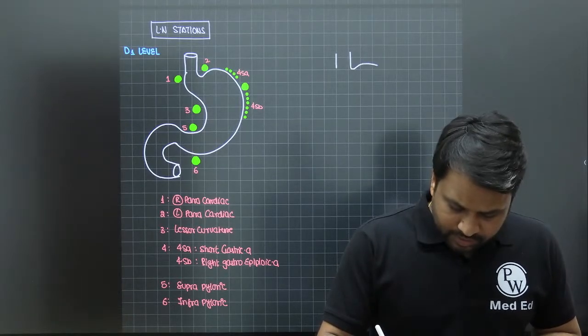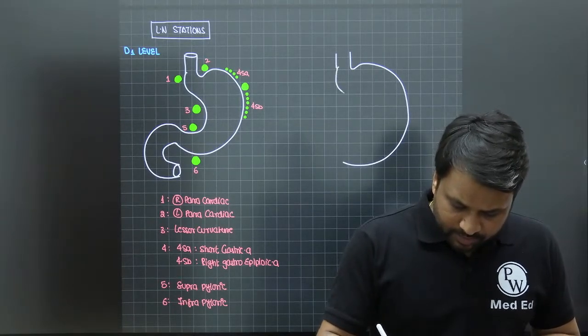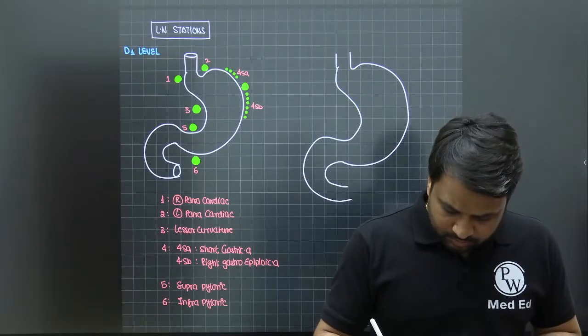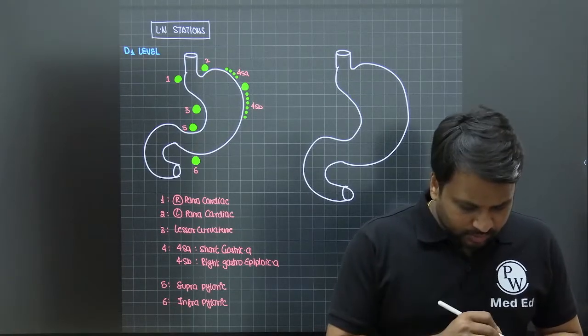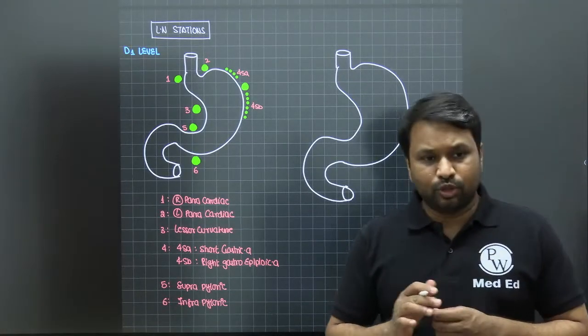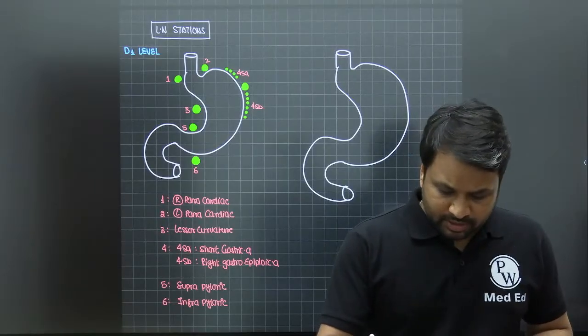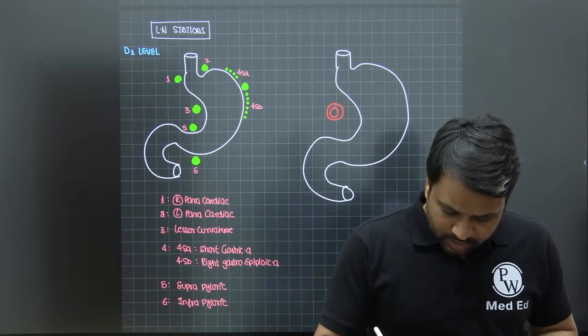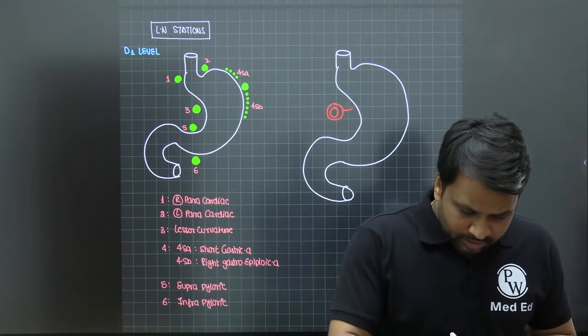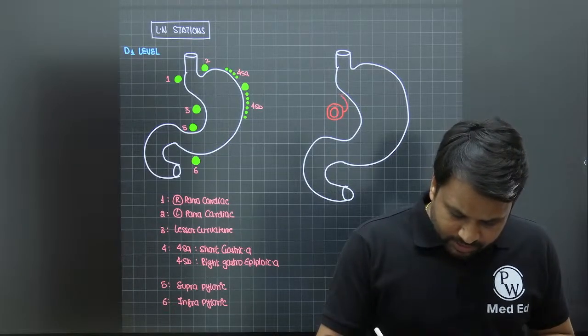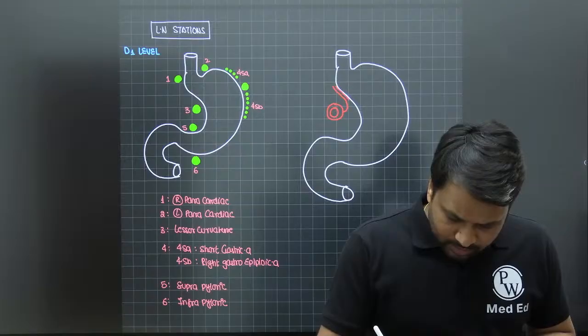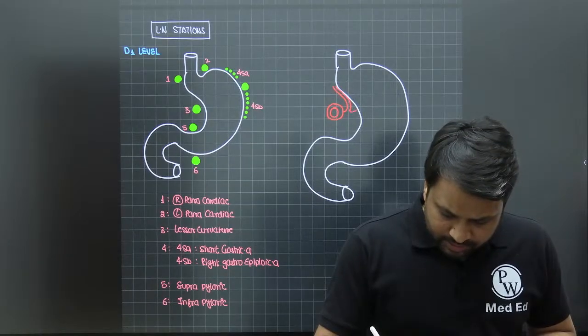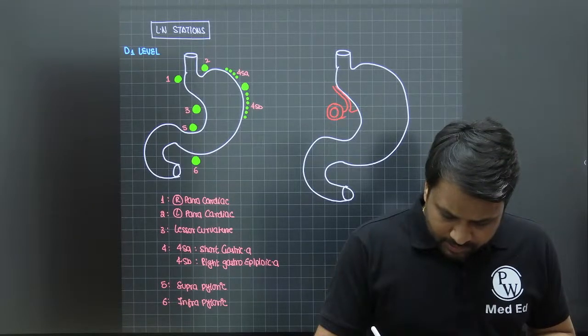Again, esophagus. This happens to be the stomach, and the duodenum that you have. Now, when you talk about the blood vessels which are important here, this is going to be the celiac artery, and this is your left gastric artery. This happens to be your splenic artery, which goes behind this.